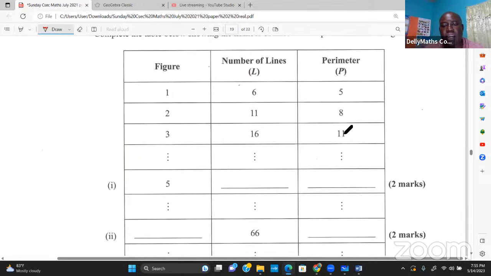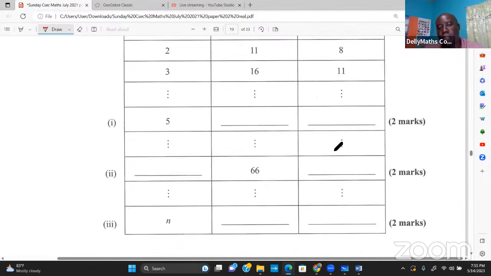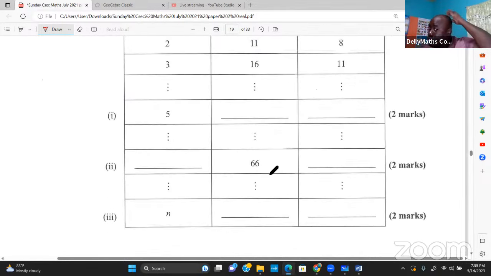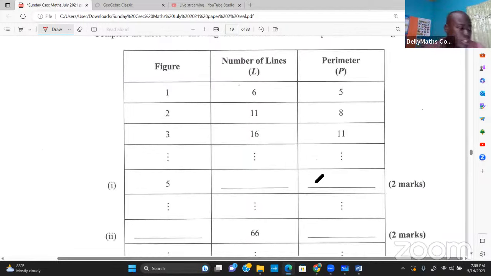So they're saying, listen, you're going to complete this and complete this. I would say to you, just do the checks that we always do. We're going to do a quick check just to see if there is what we call a common difference between consecutive terms. Look, 5.